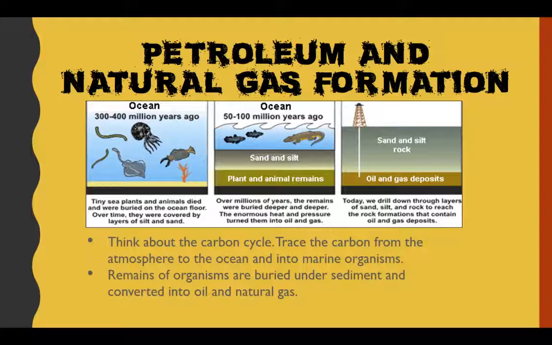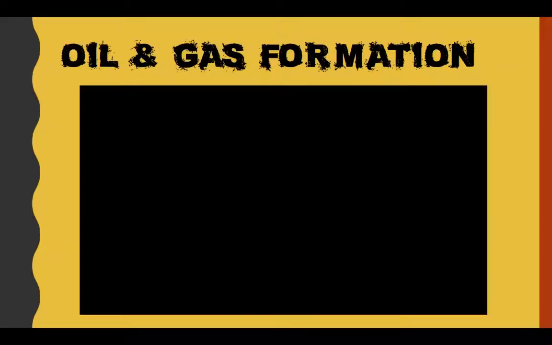So we need to think about the fact that this oil and natural gas that's buried there is actually a carbon deposit in terms of our climate carbon impact for gases. And so that's something to keep in mind. And when these fossil fuels are burned, carbon dioxide is going to be emitted. All right. So we need to start thinking about this in terms of oil and gas formation. So we'll go ahead and watch this and we'll talk about it at the end.